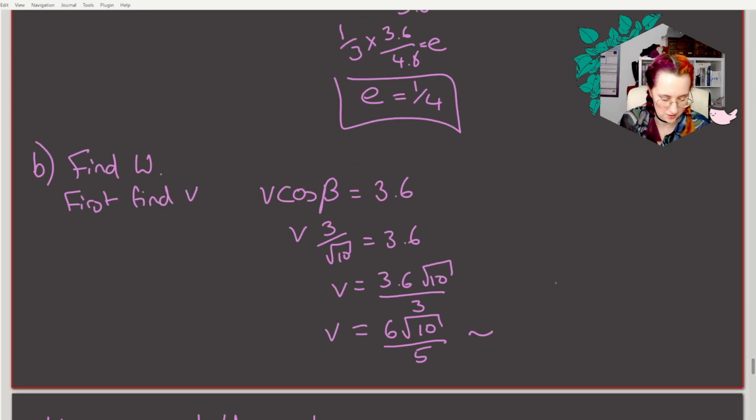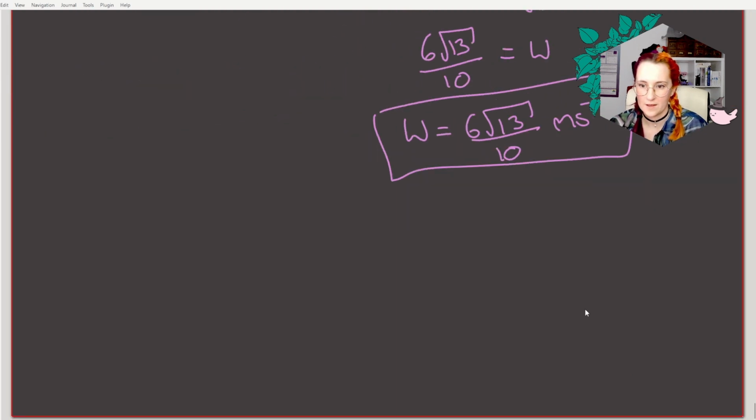The second speed then is 6√10/5, which is about 3.7. Okay, and then W is about 2.2. So we're definitely losing speed every time we bounce, which is kind of cool to know.